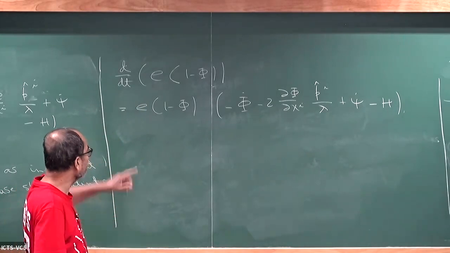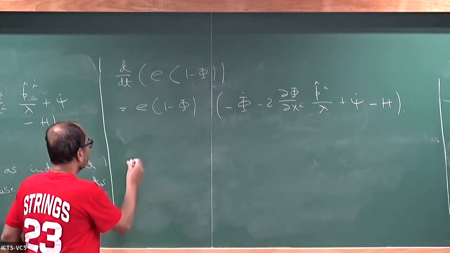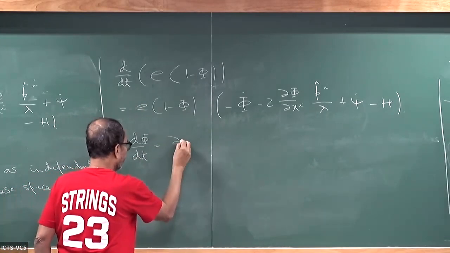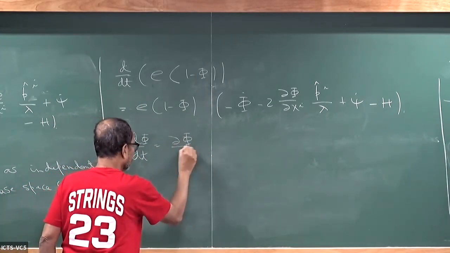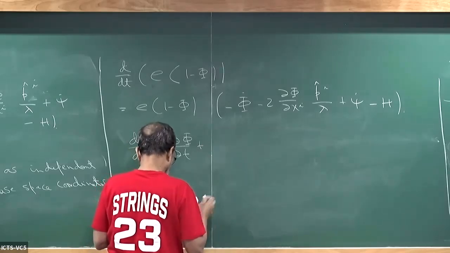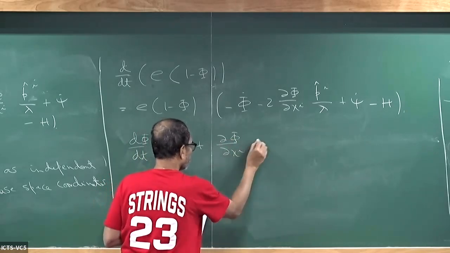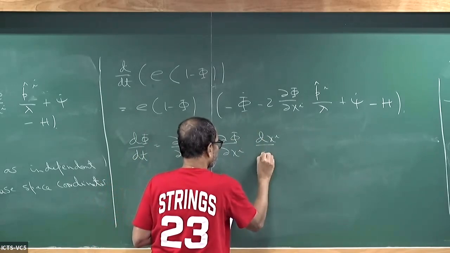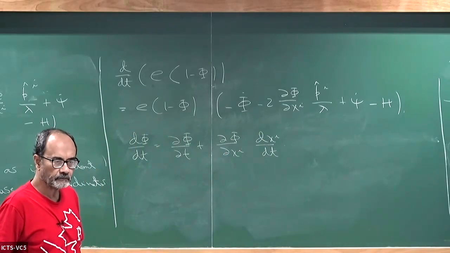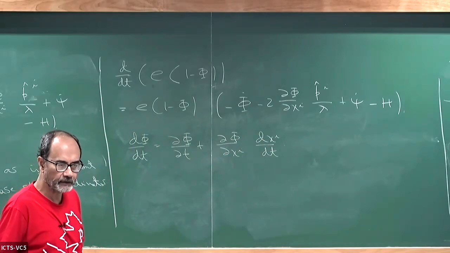This is also calculating how things change as the photon is moving. d phi dt is given by del phi del t plus a term with the spatial derivative, because phi depends on the position in general. So d phi dt is given by this.